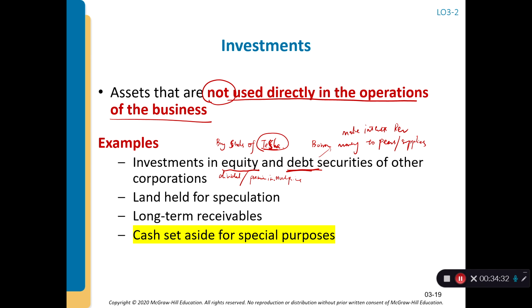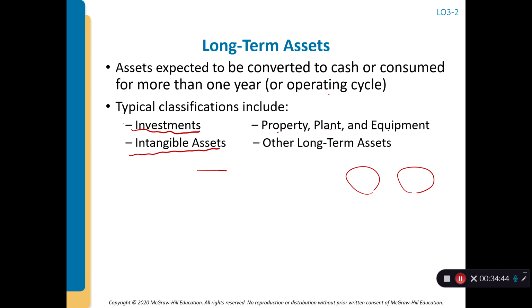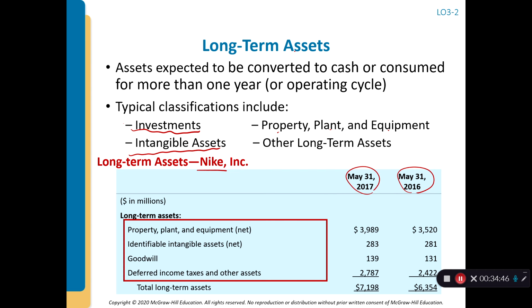So both of these ways are an asset that can bring cash back to you. So as we defined here, an asset is expected to be converted to cash or consumed for more than 1 year.